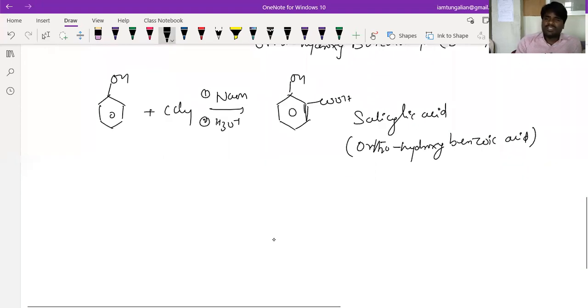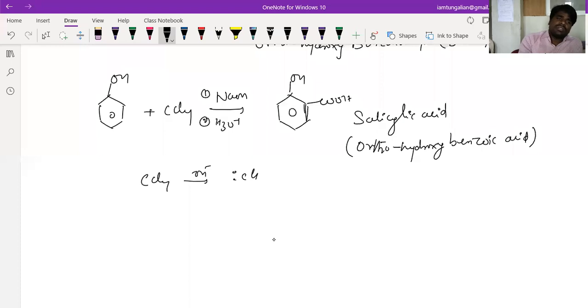The mechanism will be similar, beta. Here also carbon tetrachloride in presence of base will form dichlorocarbene, beta.